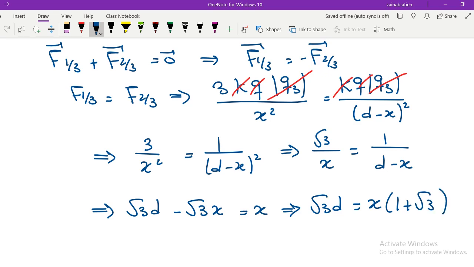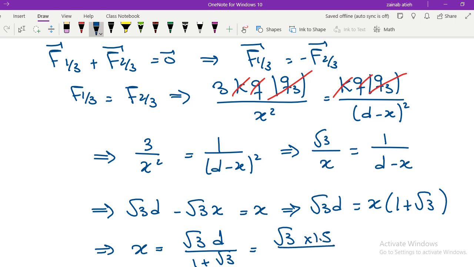Remember, I'm searching for x, so x equals radical 3d over 1 plus radical 3, and I know that d is 1.5, so 1.5 over 1 plus radical 3, and I will get x equals 0.951 meter, and this is the answer.